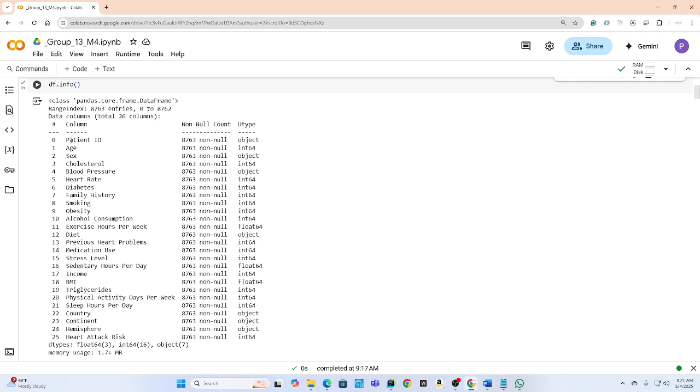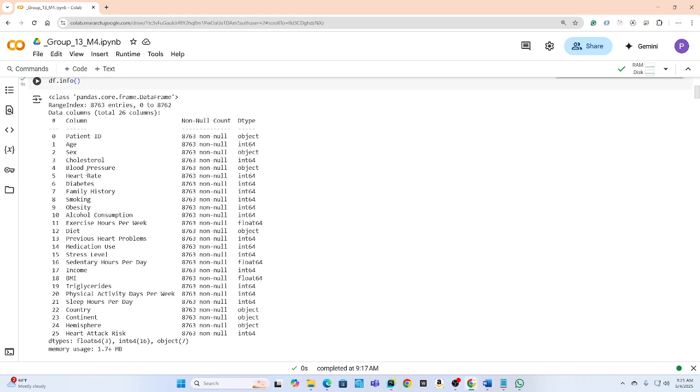As you can see on our patient data information, which lists all the data that we have been given from our dataset.